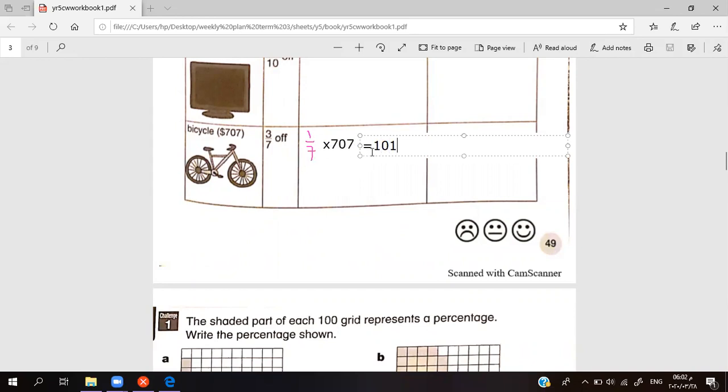So 1/7 is 101, times 3 for the 3/7, which gives me 303. So the discount is 303. The price I will pay: I take the original price and subtract the discount, which is 303, and I'm going to pay 404. This is the most difficult question you can get.